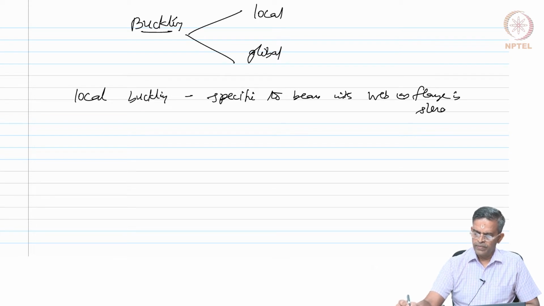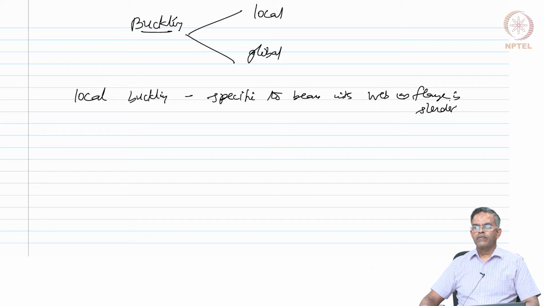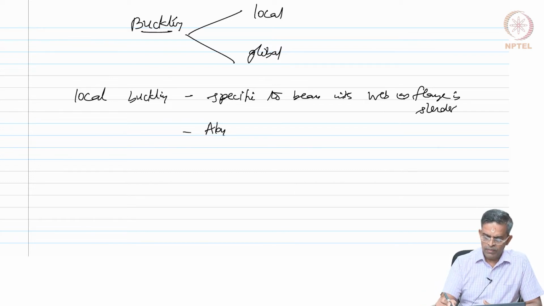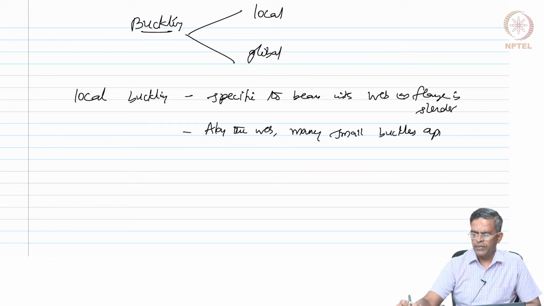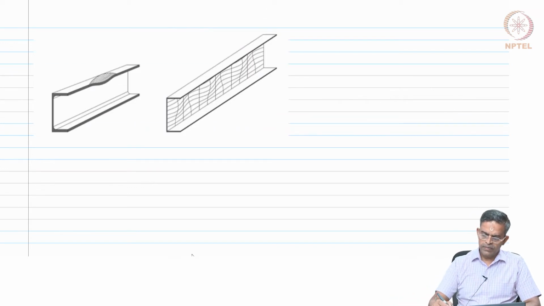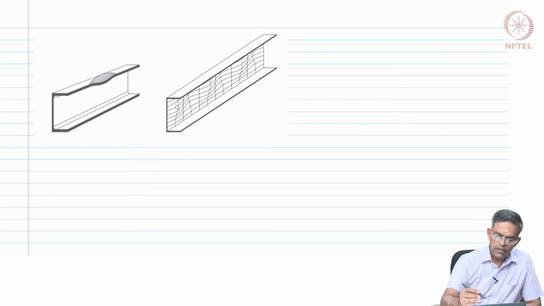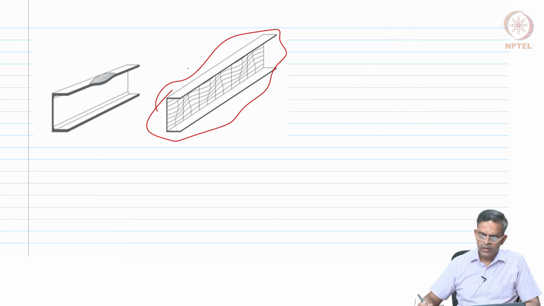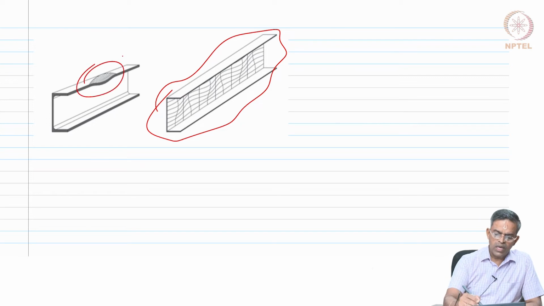Therefore, many small buckles tend to appear along the web. One can see this figure, along the web there are a lot of small buckles. If the flange is slender, it can also happen in the flange.